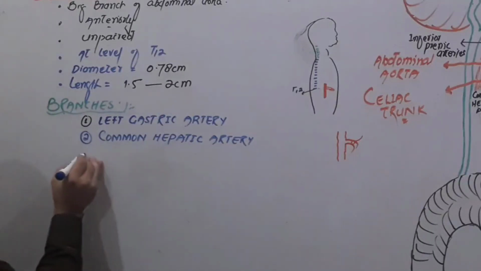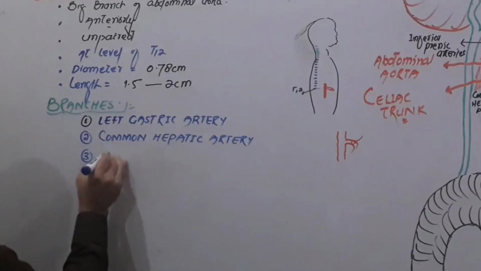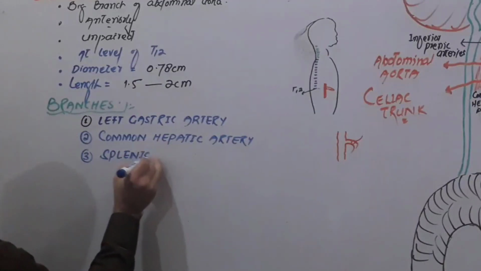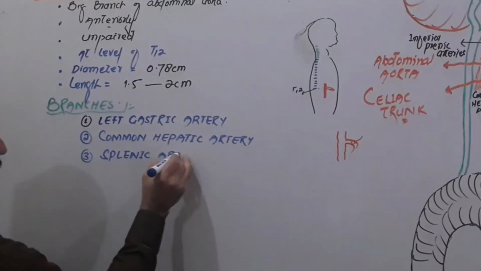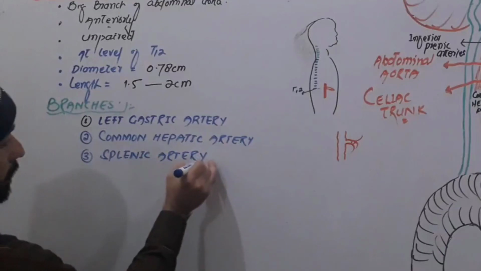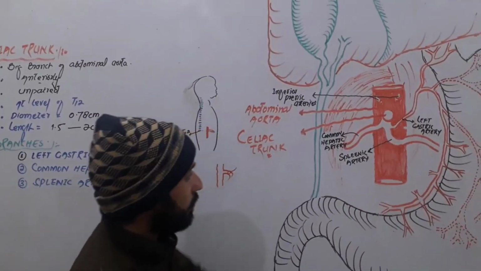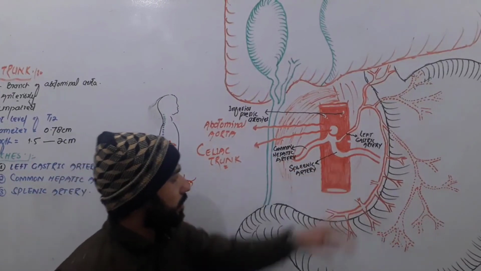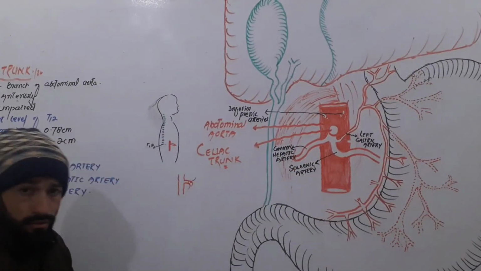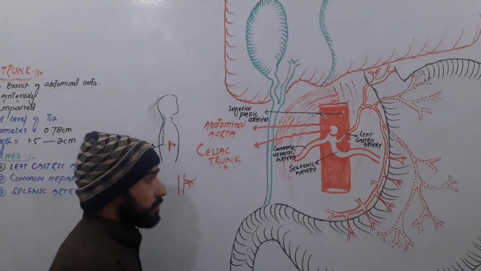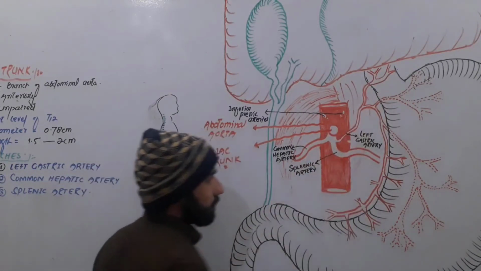I think that is clear. And the third one is called the splenic artery. Clear, friends? So these are the three main branches which arise from the celiac trunk, right? Now let us see the branches of the left gastric artery.